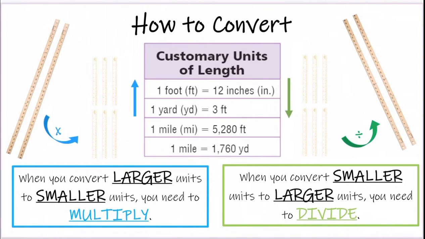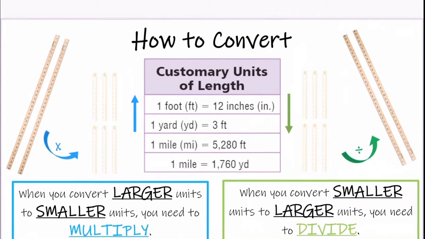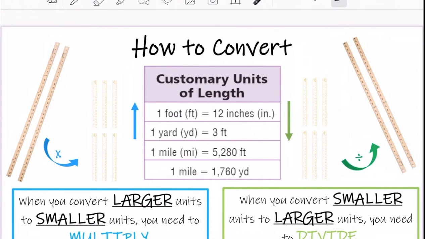So when we go from 2 yards and we want to convert it to feet, we would have to multiply because there's more feet in those yards. There's 3 feet in 1 yard, and there's 2 yards, so we know that's going to be 6 feet.